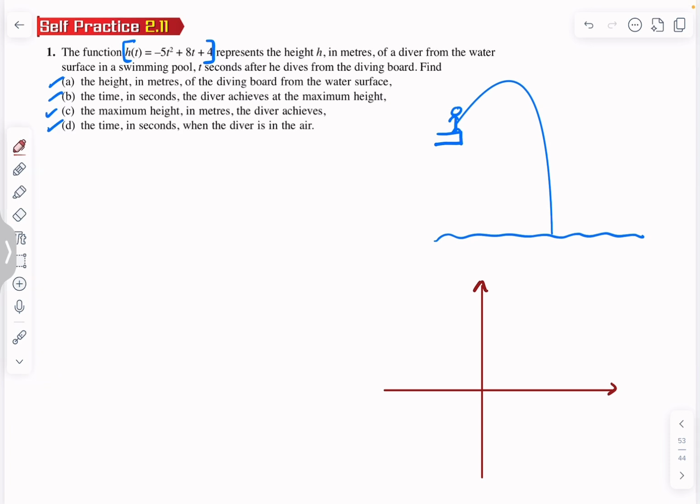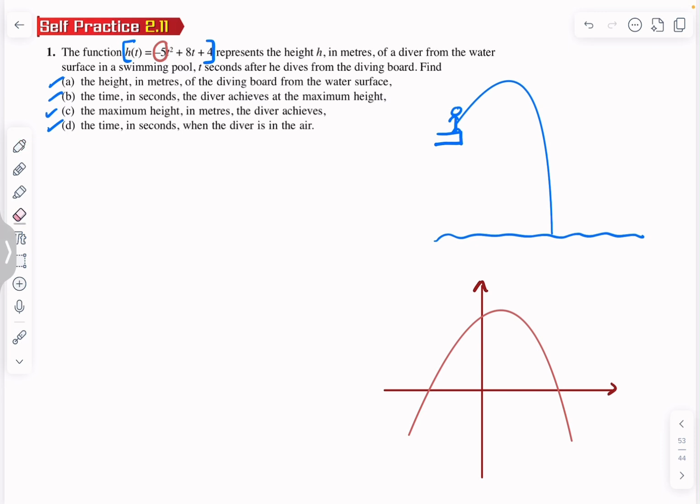Let's look at this one. This is A. Our A is -5. Whenever A is negative, we'll get a sad face. If A is positive, we'll get a happy face. So in this case, our general shape of the graph is going to be a sad face, something like this. We just draw first and later we can adjust.